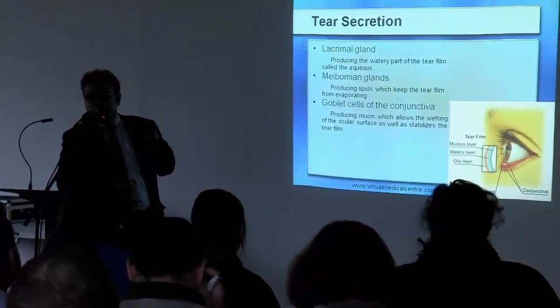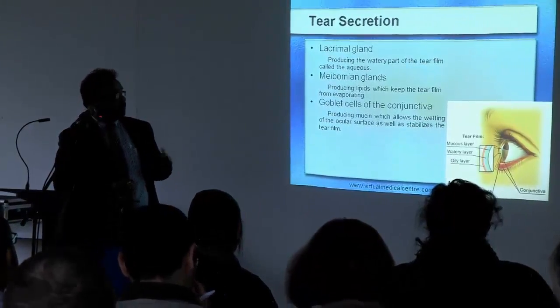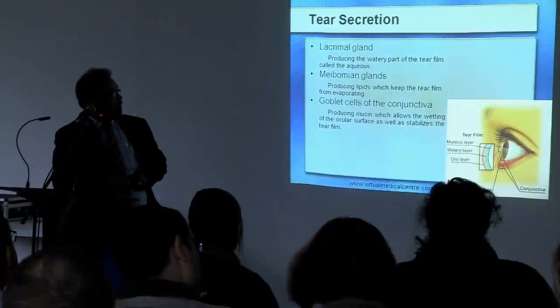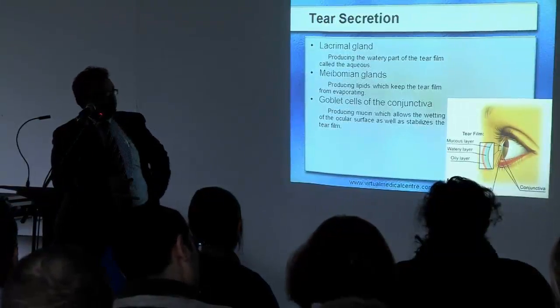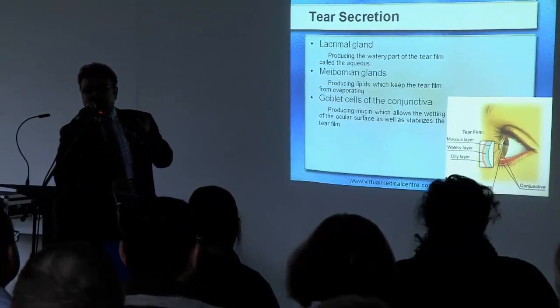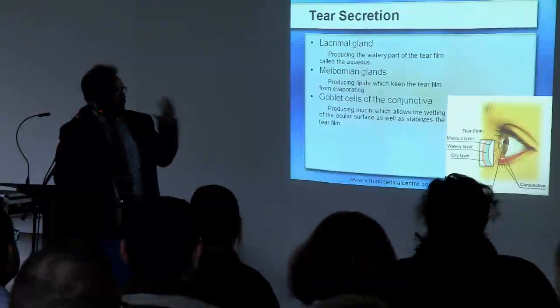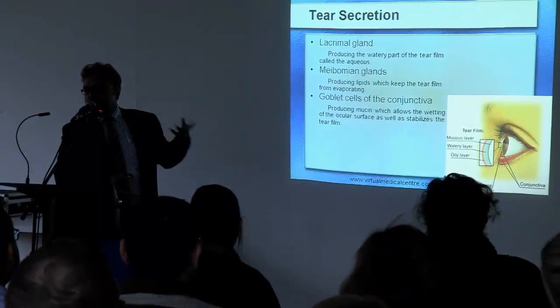Then there is an aqueous layer, or the watery component, which is not really water but has lots of minerals in it as well, secreted from the lacrimal gland. And the final layer is secreted from the lid margin, which is the oily layer which prevents it from evaporating. And so any of these being affected will cause dry eyes.